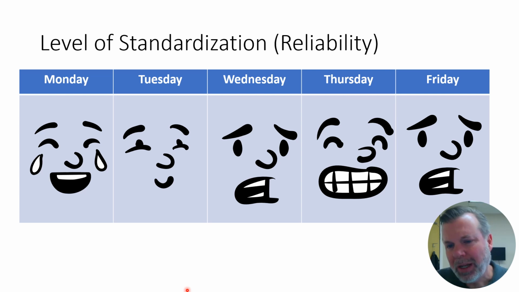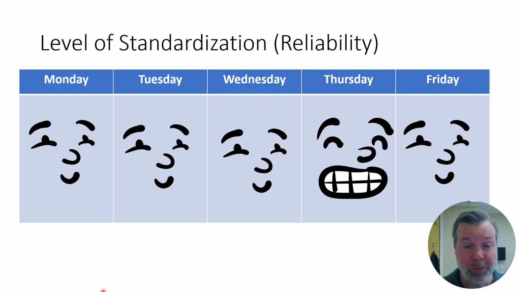So, I just tried to bring in some emojis and showing how we could get some tests that are very unreliable, right? They might not be very standardized. We're getting it in the morning when you're happy, and in the afternoon when you're tired. If that has an impact on your performance, we could see very different types of performance.